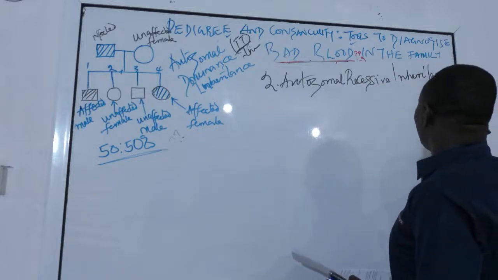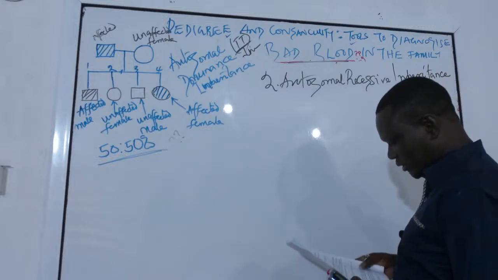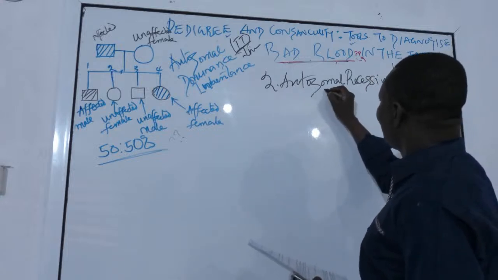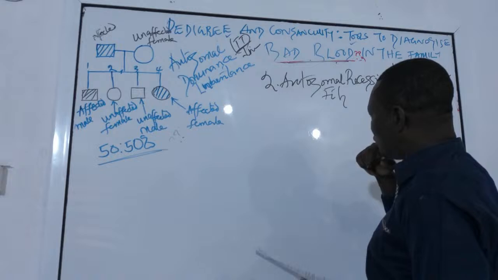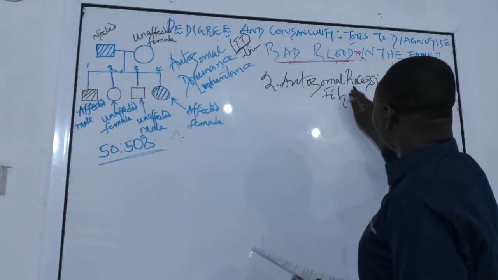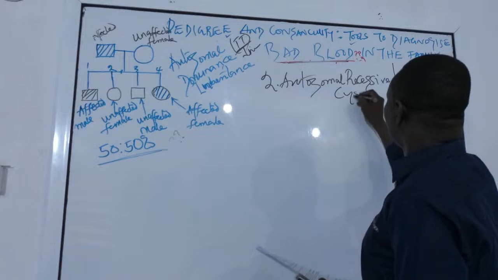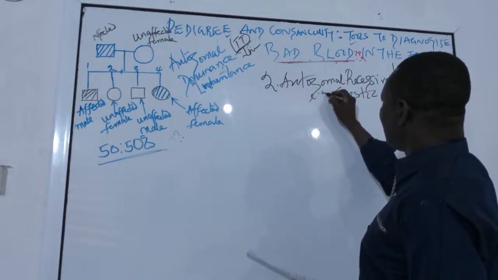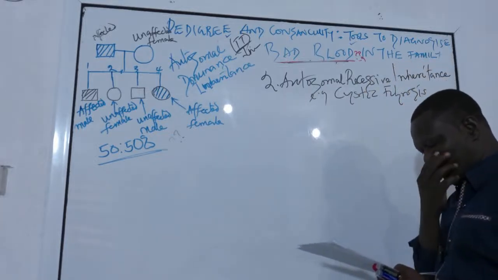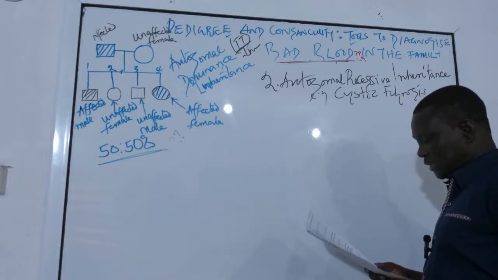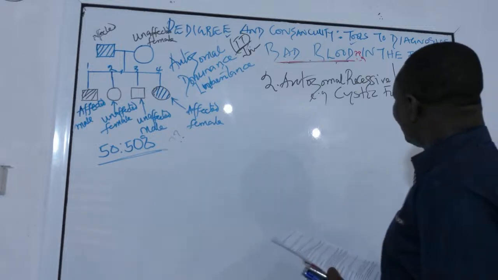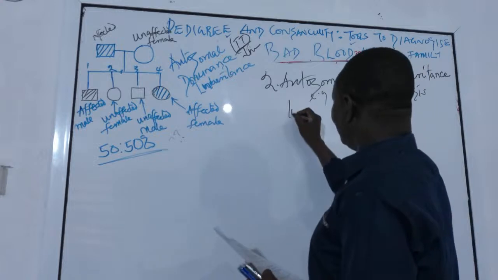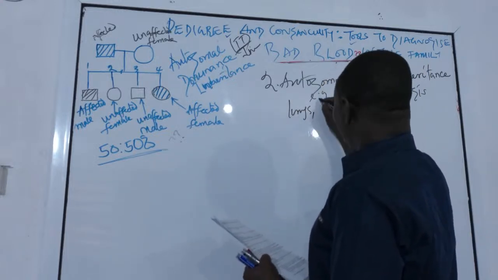This is a case whereby you have it in a heterozygous condition. A critical example of bad blood here is cystic fibrosis, or what some people call CF. Cystic fibrosis affects many different organs. It affects the lungs, and it can affect the pancreas.